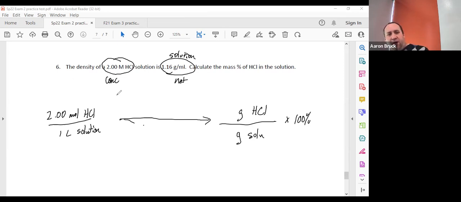So if I keep that in mind, 2 moles of HCl, every mole of HCl weighs 36.46 grams. 2 times 36.46 is 72.92 grams.